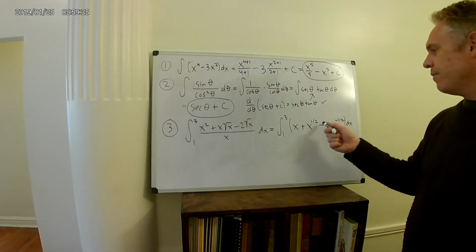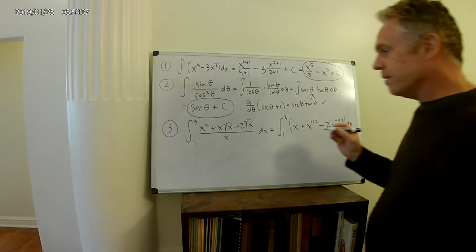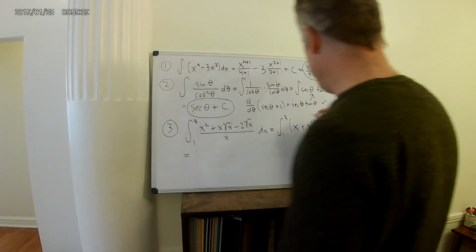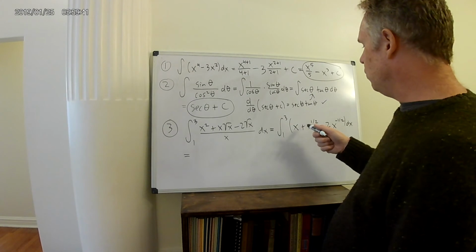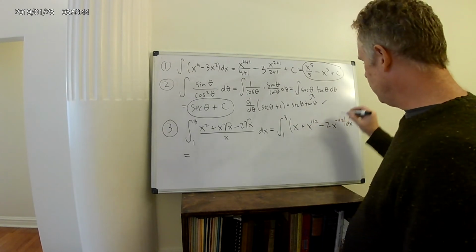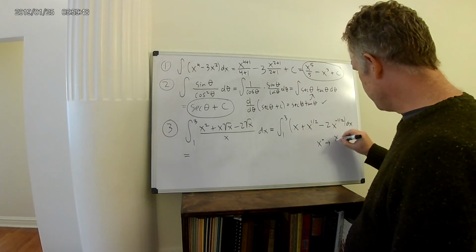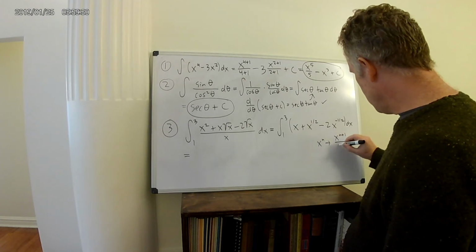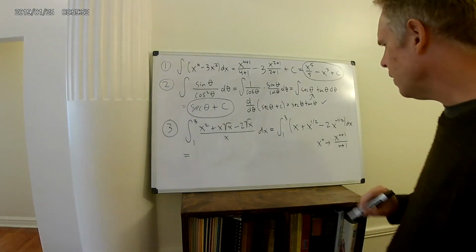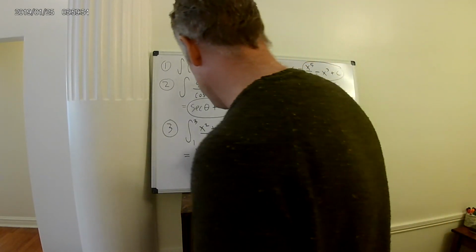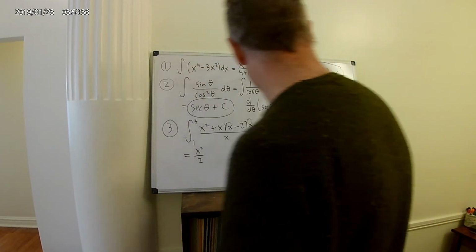And then I can try to find the antiderivative to this function, using our rule for x to the n. The antiderivative is x to the n plus 1 over n plus 1. So for our x here, we get x squared over 2.